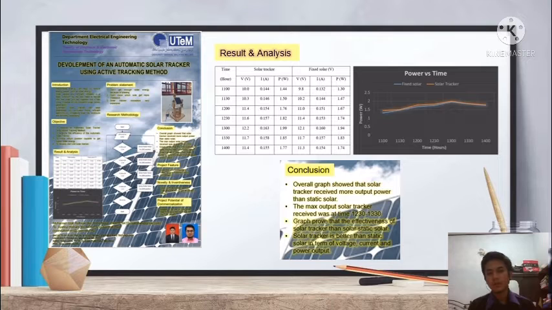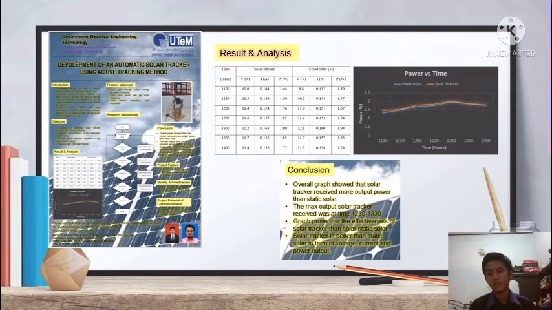From the prepared graph, the graph is about power versus time. As we can see, the red one refers to the solar tracker and the blue one refers to static solar. The solar tracker gets higher power output compared to static solar.